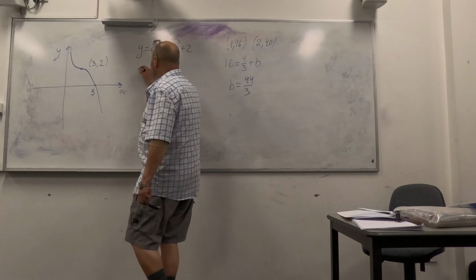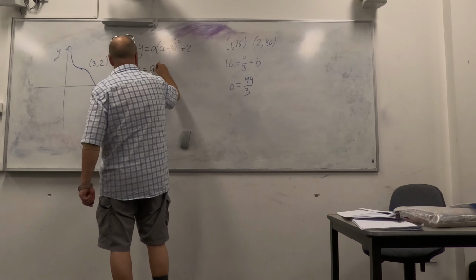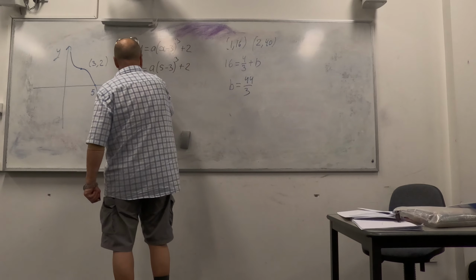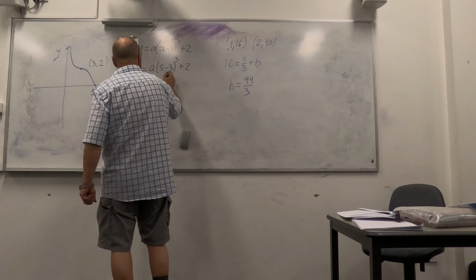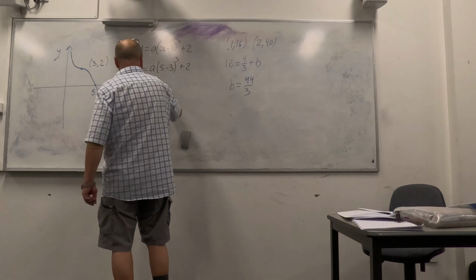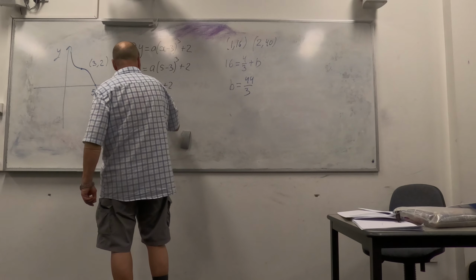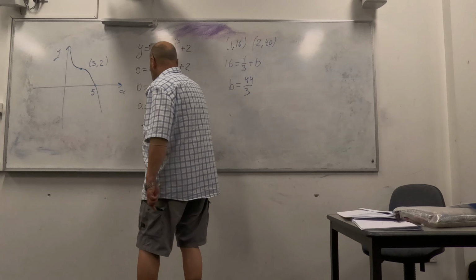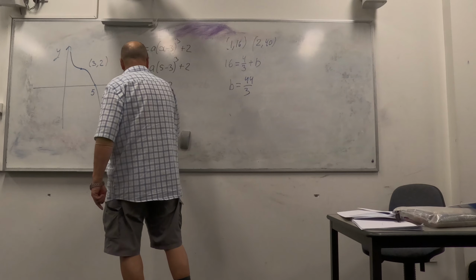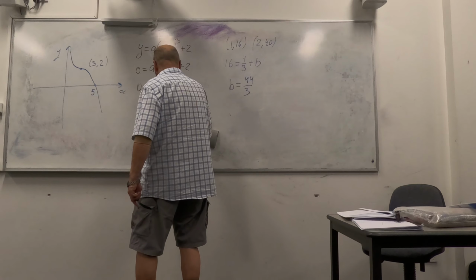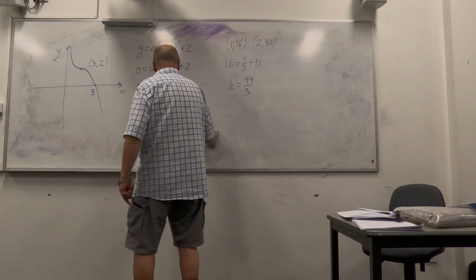So we have 0 equals a times (5 minus 3) cubed plus 2. 0 equals 5 minus 3, 2 cubed 8, 8a plus 2, a equals negative 1 quarter, and the equation becomes y equals negative quarter times (x minus 3) cubed plus 2.